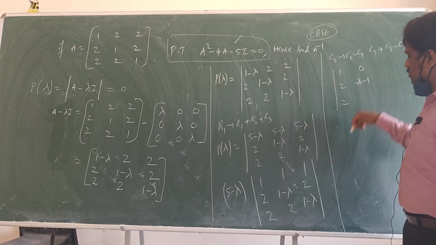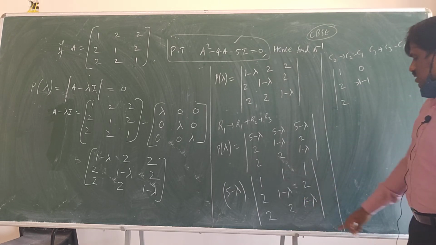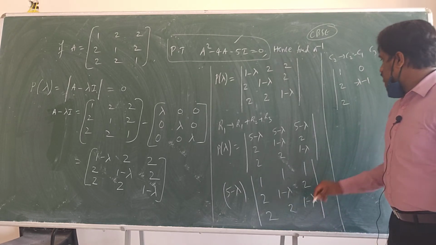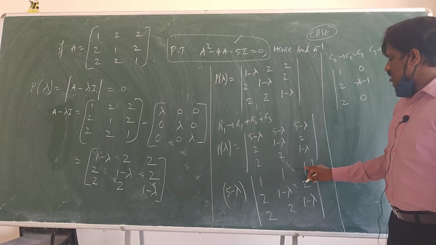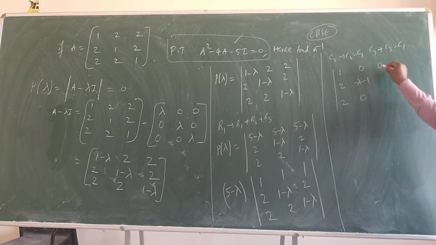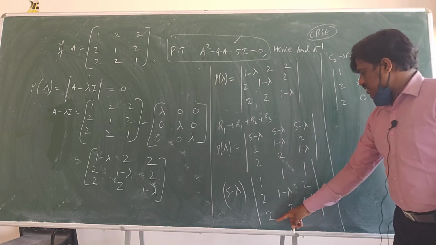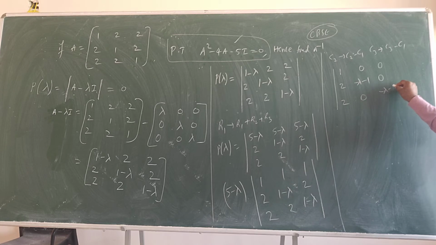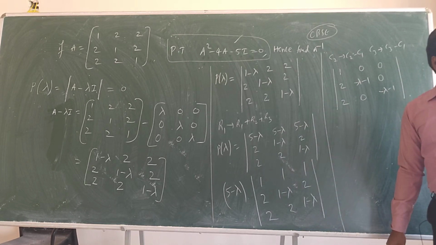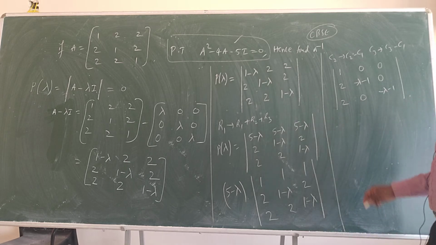Minus lambda minus 1. This minus this is 0, this minus this is 0, and this minus this is minus lambda minus 1. So it becomes a little simpler. You get it by practice, you have to practice, then you will get this.